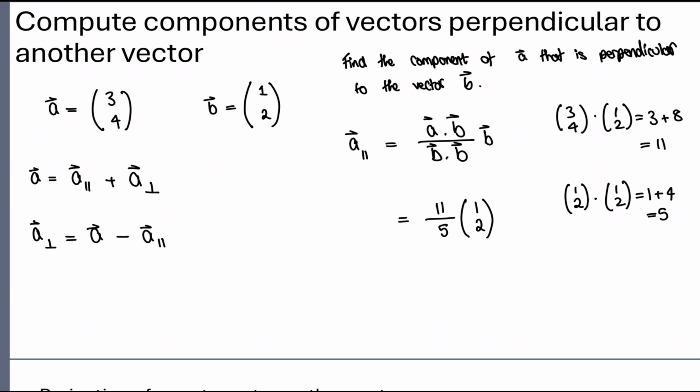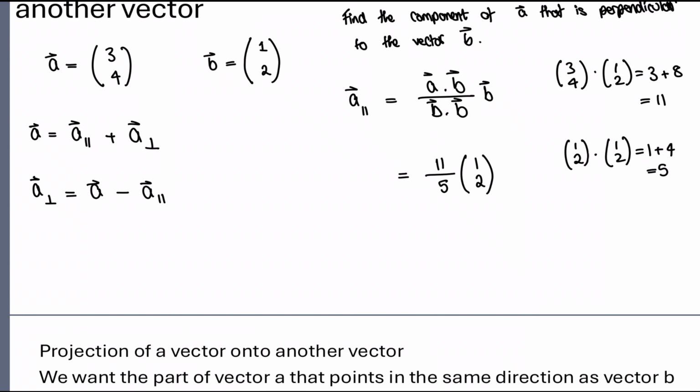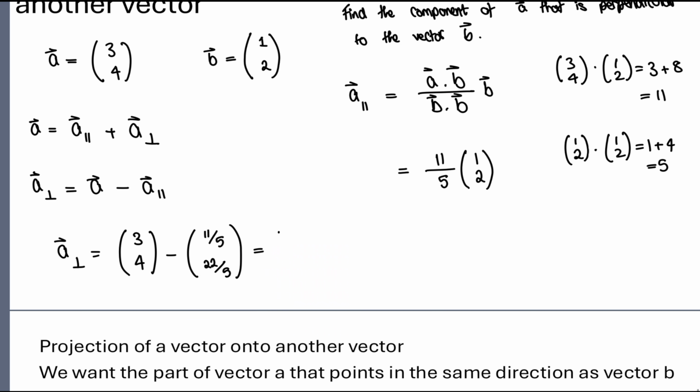So this is the parallel component. If we work out the perpendicular component, we will get 3, 4, minus 11 over 5, and then 22 over 5. And when we do that, we get 4 over 5, and then minus 2 over 5.